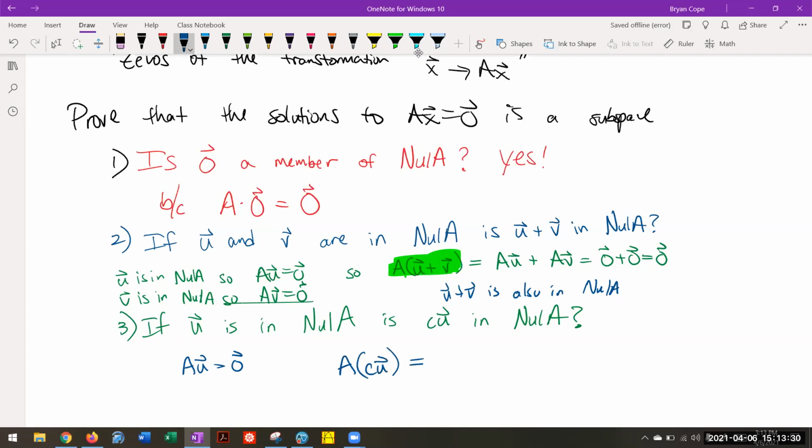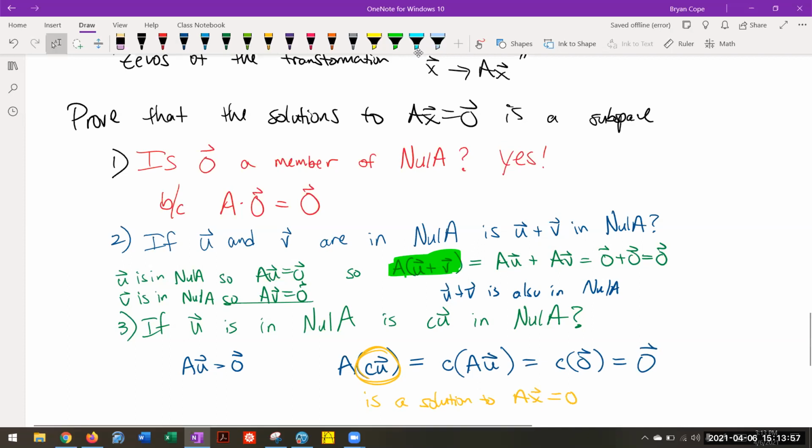An old theorem tells us that I can take the constant out and write that as C times AU. But what is AU? 0. So this is C times 0. And what's C times 0? 0. Which means that this thing right here is a solution to AX equals 0, which means it's a member of null A.